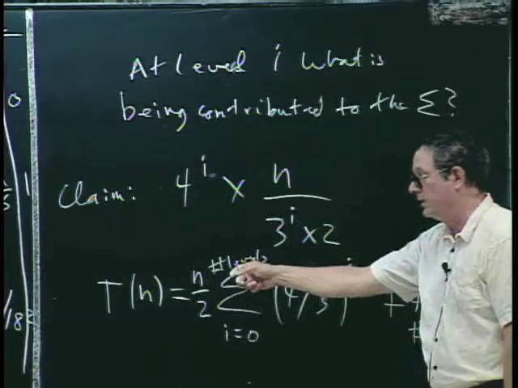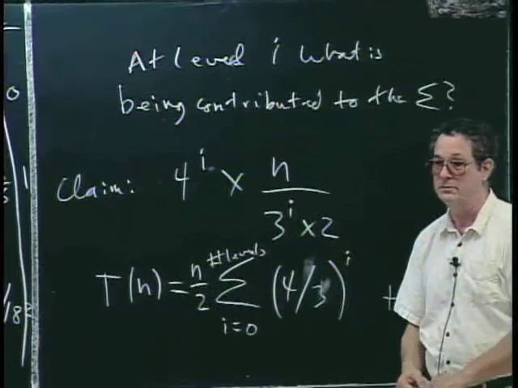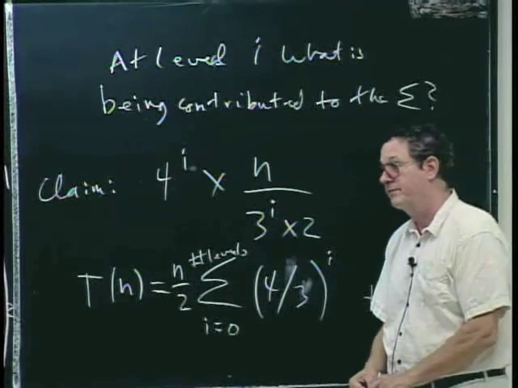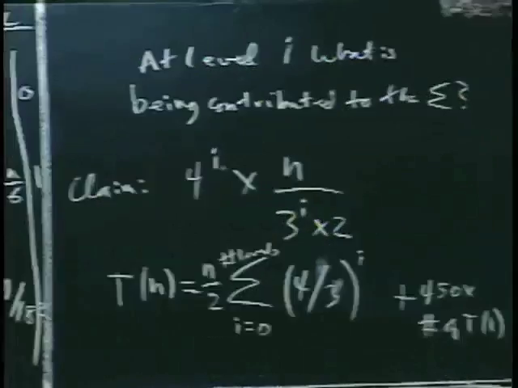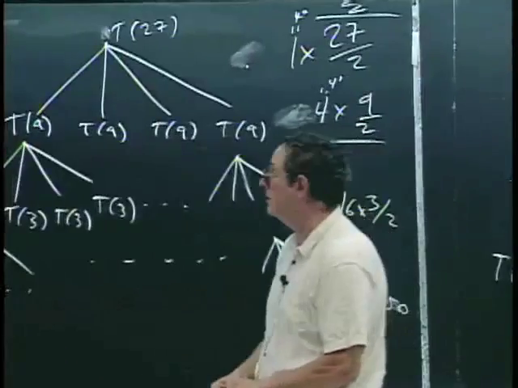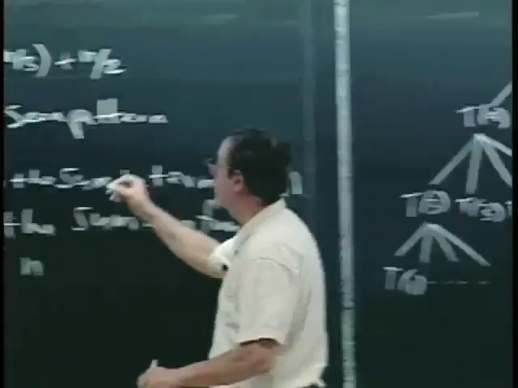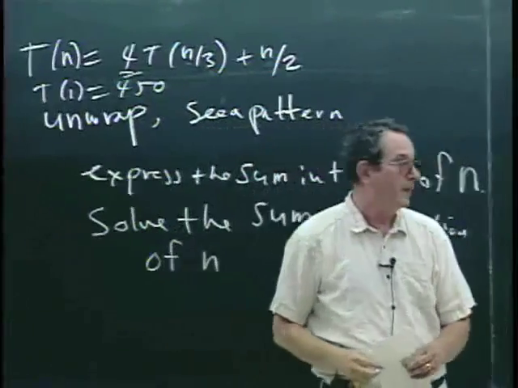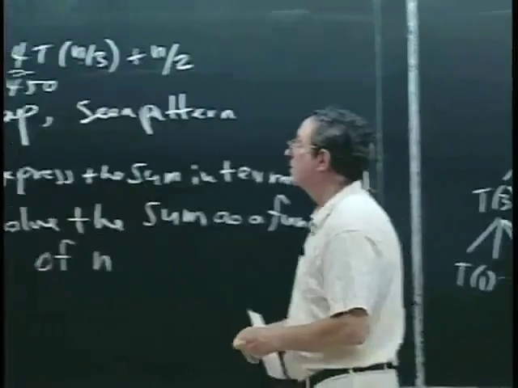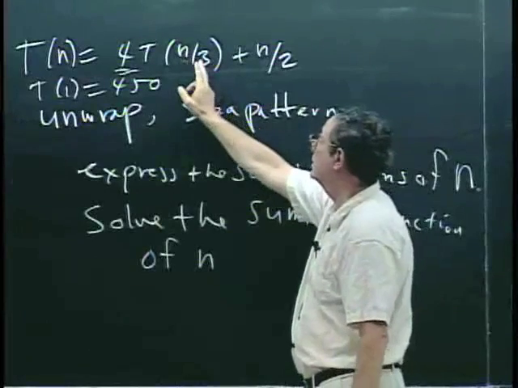Okay, well, how many levels are there? Log base 4 of n, I heard that suggestion. Where does the 4 come from? You're talking about this 4. All right. Well, what we're seeing, though, is that the successive divisions are dividing by 3.